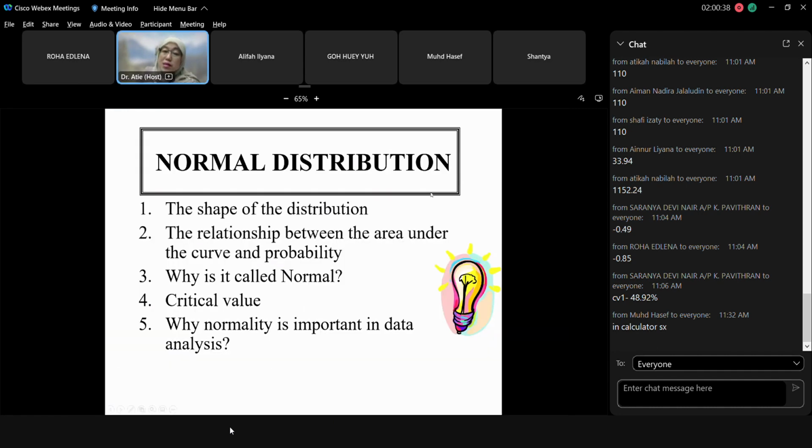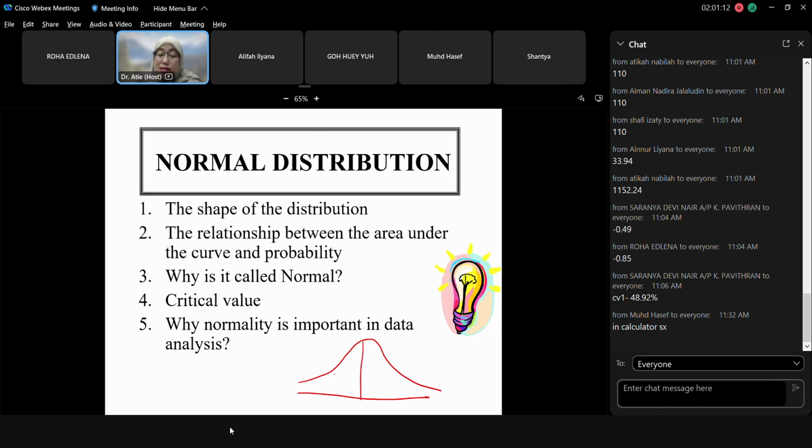Okay, for the normal distribution, I keep mentioning normal distribution a few times actually when we discuss chapter 2 and also chapter 3, right? So normal distribution is very, very important for you to have in order to show that you are not being biased when selecting your sample from your population, okay? So it means that I already mentioned the shape of the normal should be balanced, left and right.